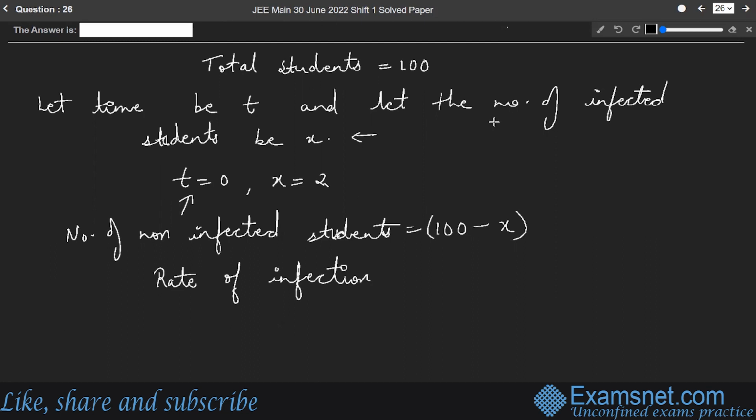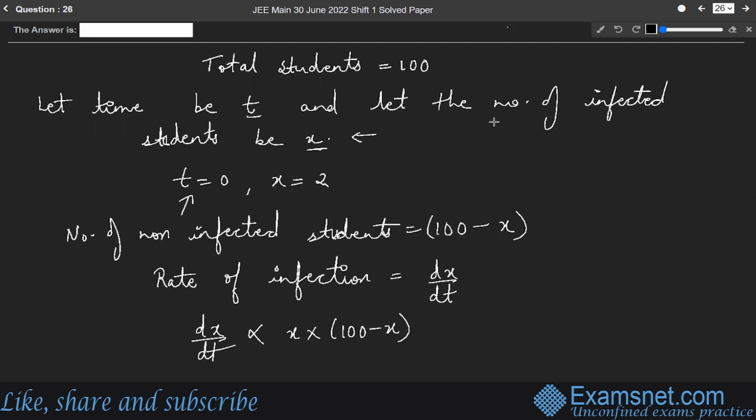We have assumed the value of time as t and the number of infected students as x. So rate of infection in terms of time will be dx upon dt, right? Now, this rate, which is dx upon dt, is directly proportional to product of two things. Okay, it is proportional to product of number of infected students and number of non-infected students. So what is the number of infected students? It is x multiplied by number of non-infected students. It is 100 minus x.